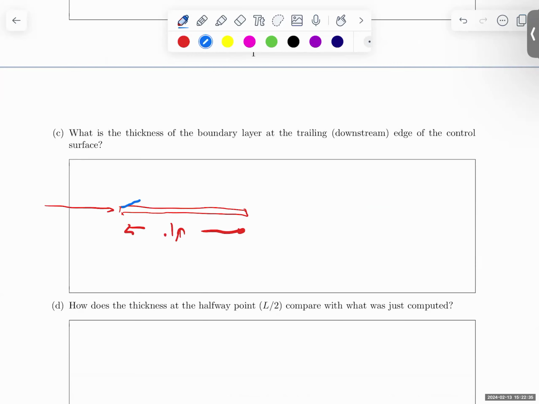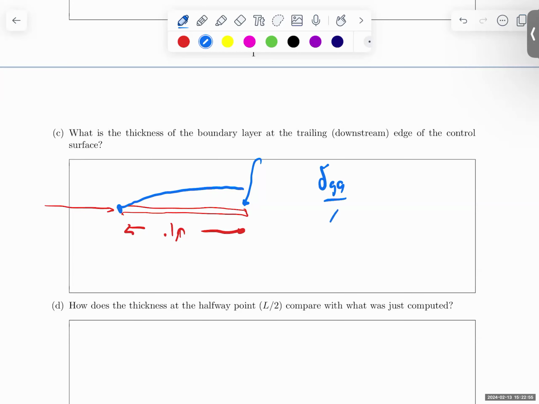We've already argued this thing out, and it's growing with distance downstream. And what we're asking is, at this particular location at the trailing edge of the plate, how thick is it? And this will be the thickest it will be. It starts from 0, goes to some thickness, whatever it is. Now we're going to use Blasius' formula, and because it's under 500,000, we use a laminar formula.